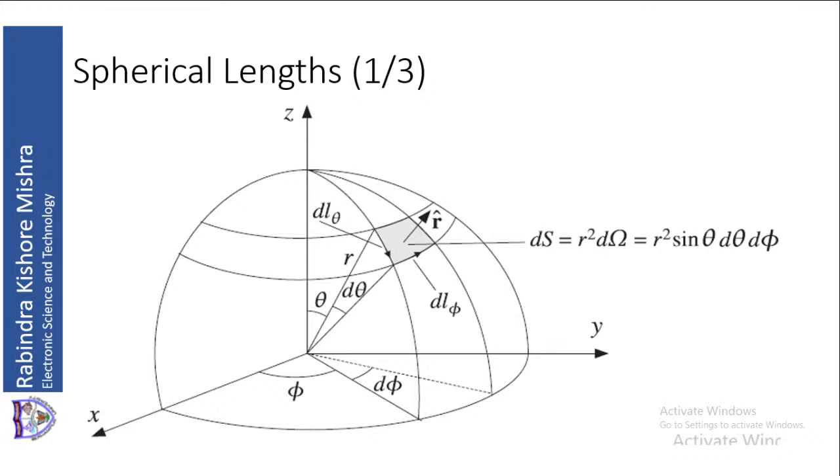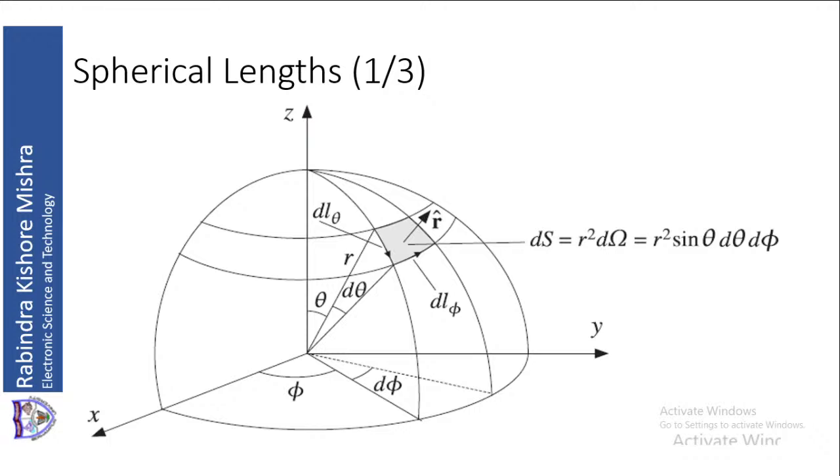Keep it constant. Then extend theta by an amount d theta and extend phi by an amount d phi. So that will give us an area on this sphere at a distance r, on a sphere of radius r.